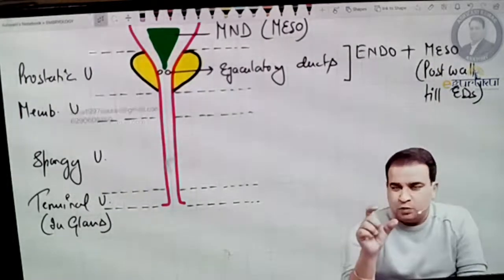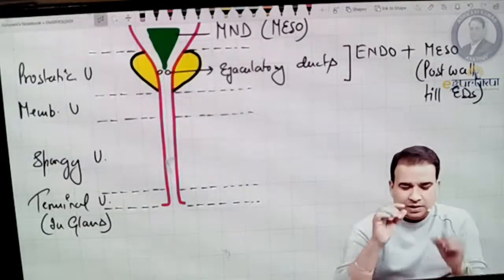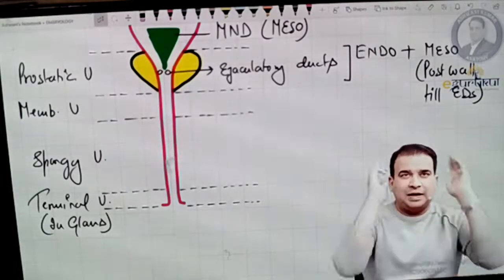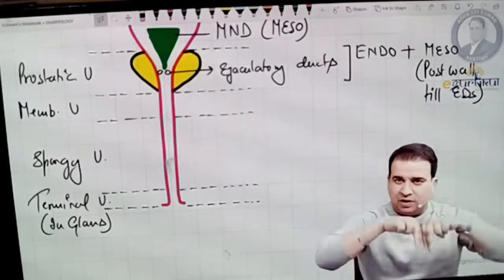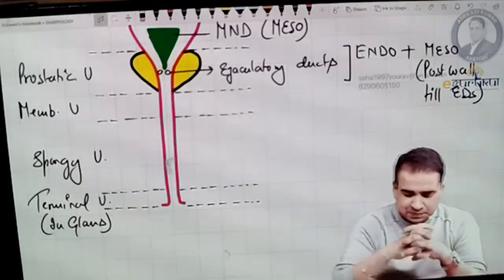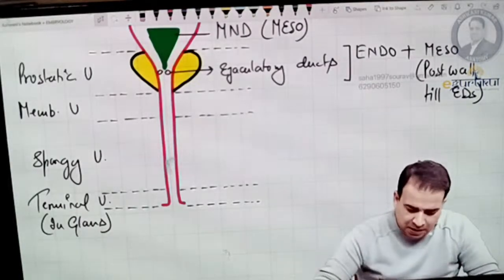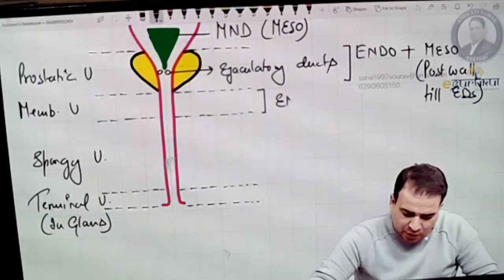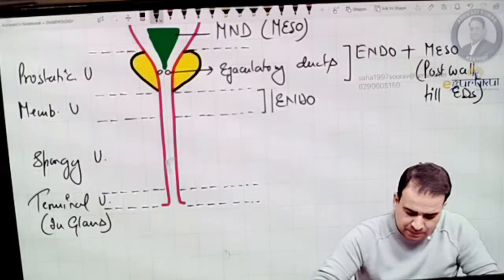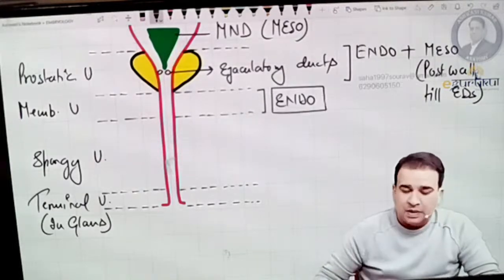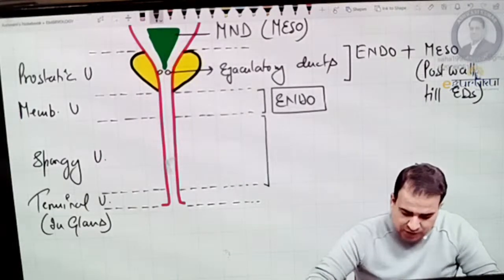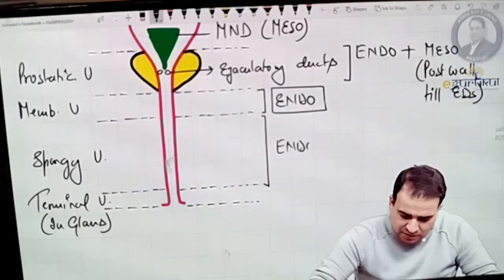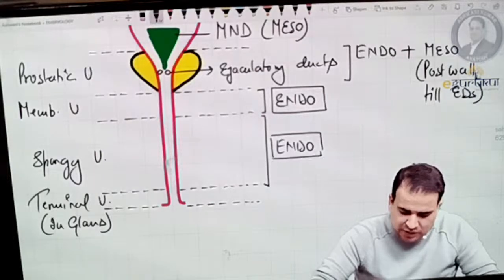So the posterior wall of the prostatic urethra till the opening of the ejaculatory duct is formed by the absorption of the mesonephric duct only, so it is mesodermal. Membranous urethra, on the other hand, is purely endodermal. Spongy urethra is also purely endodermal, the penile urethra, the longest part.